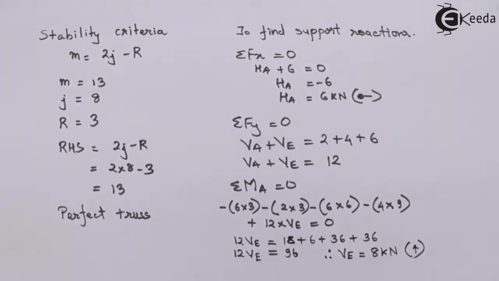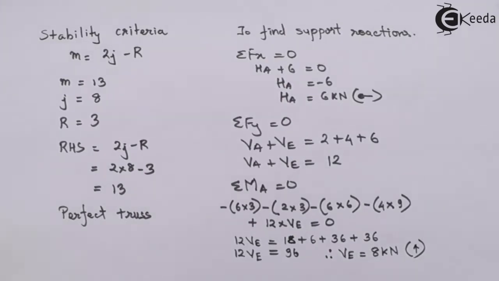So now we can see that the vertical reaction acting at E happens to be 8 kilonewtons. And since the answer is positive, my assumption of the vertical reaction at E acting upwards is correct. Now I'll put this value of VE as 8 in my equation of Y, that is the vertical direction.